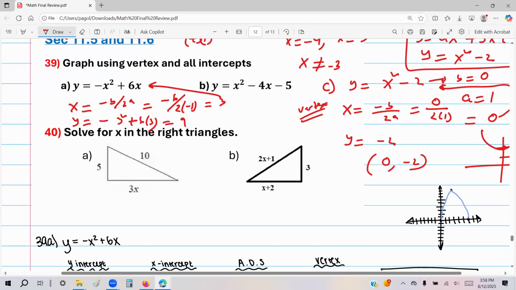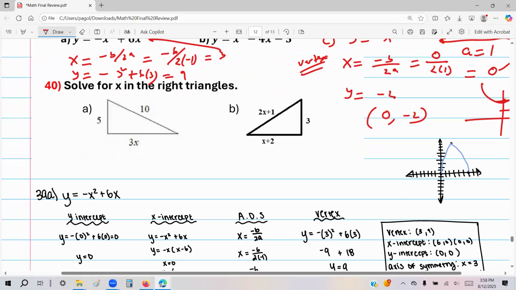Now the last thing is this: a squared plus b squared equals c squared. A and b don't matter, but your c has to be assigned the longest side. So same thing: x plus 2 squared plus 3 squared equals 2x plus 1 squared.